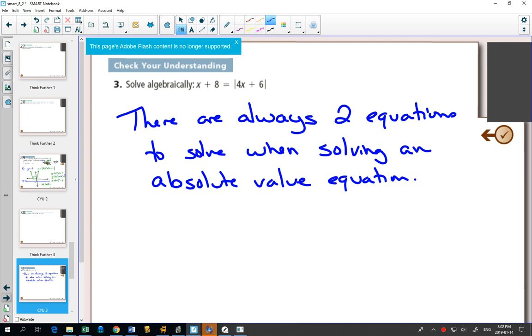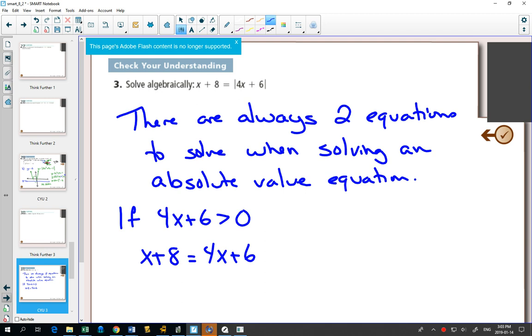So we don't know if the inside of the 4x plus 6 is positive or negative. But we can do this. If 4x plus 6 is bigger than 0, do the absolute value bars need to be there? No. Because if it's positive, the number stays the same. So if 4x plus 6 is bigger than 0, then x plus 8 equals 4x plus 6.